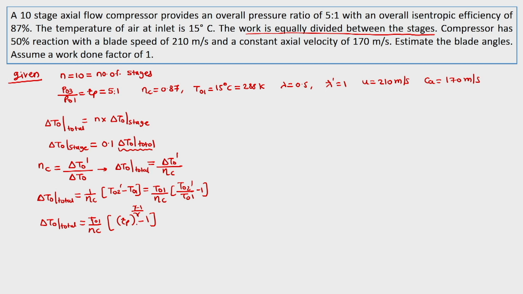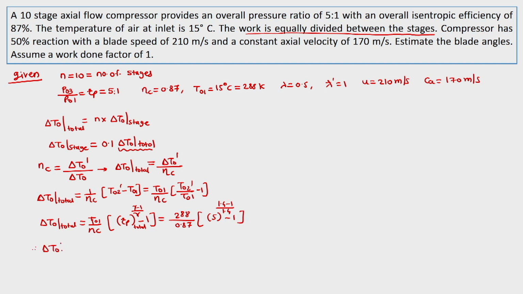So here we are using total pressure ratio, which is given as 5:1. So when we keep here T naught 1 is 288, compressor efficiency is 0.87, then Rp is 5 and gamma is 1.4, minus 1 divided by 1.4, minus 1.